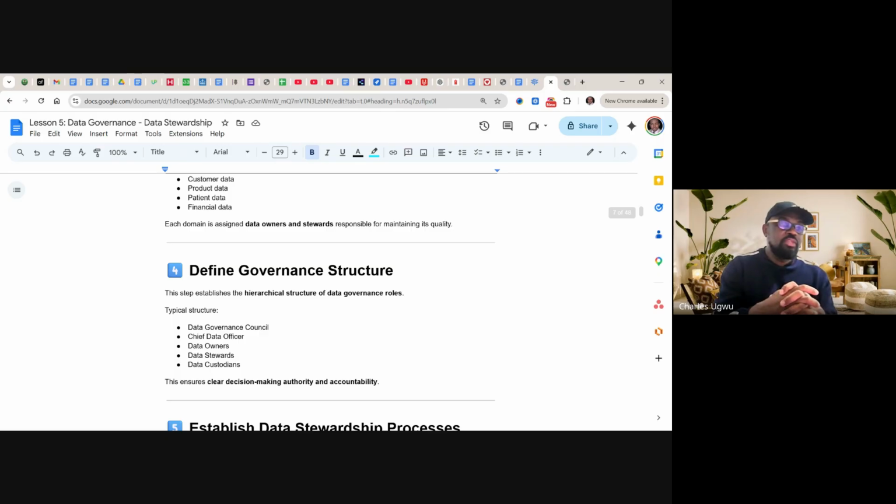And then we'll have the chief data officer. It's always in charge, like the head of the unit. And we'll have data owners, we'll have stewards and we'll have custodians. So in the hierarchy, you see data custodians are the least in hierarchy, followed by stewards and then data owners.